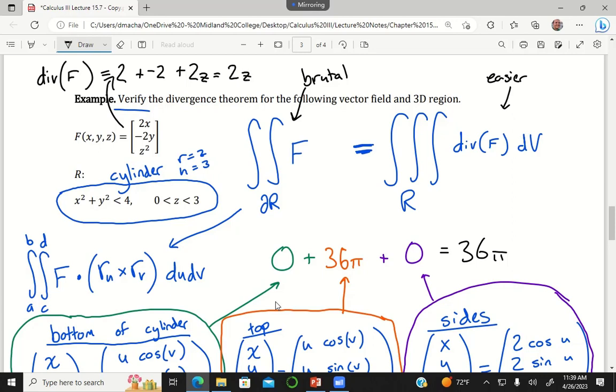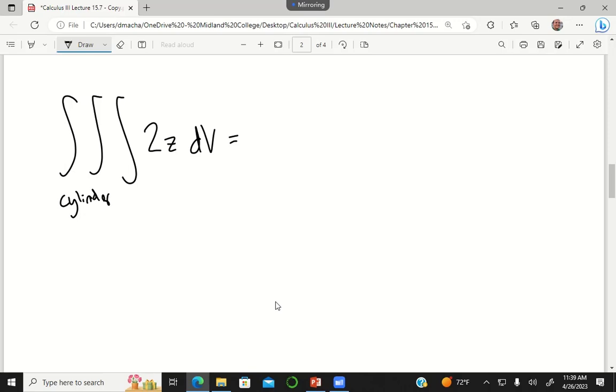Okay? So that means we're going to take the triple integral over the cylinder of 2z dv. Let me find some room to do that. The triple integral over the cylinder of 2z dv. And so I'm going to go ahead and parameterize the cylinder with cylindrical coordinates. Believe it or not, cylindrical coordinates work really well for cylinders.